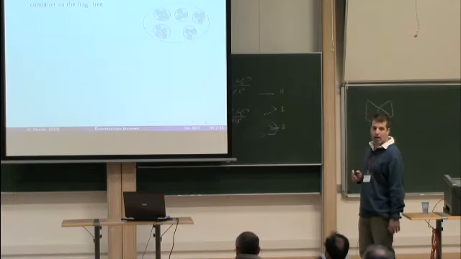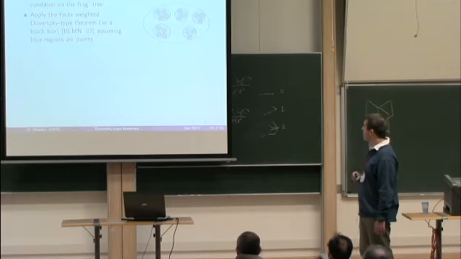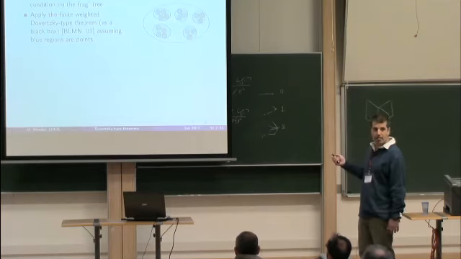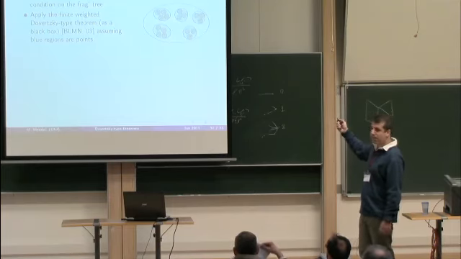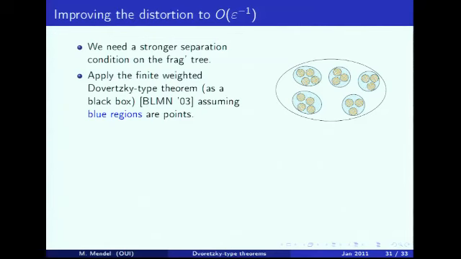But what we can do now is apply, on the space of the blue clusters, the finite Dvoretzky theorem, a weighted version of it, which is almost as easy as the unweighted version, and throw away one such region in such a way that the resulting space is close to ultrametric.